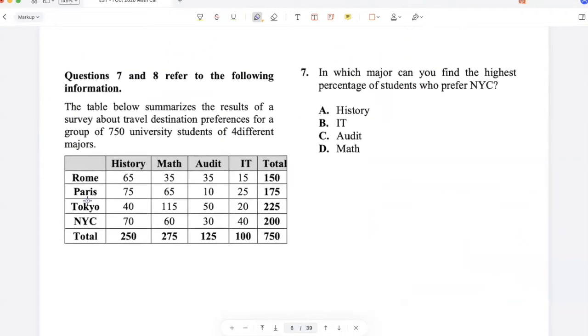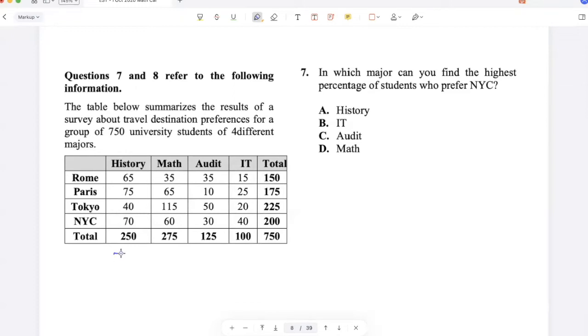Okay, the table below summarizes the results of a survey about travel destination preferences for a group of 750 students of 4 different majors. In which major can you find the highest percentage of students who prefer NYC? Okay, so I have to find the highest percentage who prefer NYC.